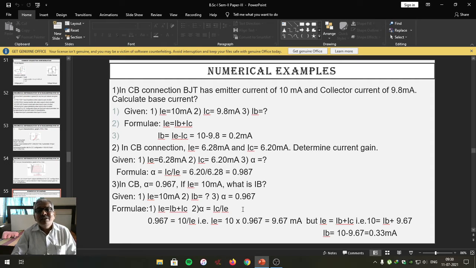And then by knowing IC, you have to calculate IB. So that's why here you need two formulas. One is IE is equal to IB plus IC, to calculate IB. Second one is alpha, by knowing IC and IE.